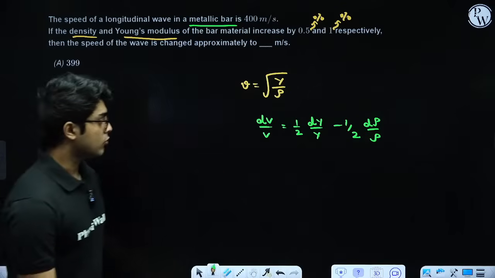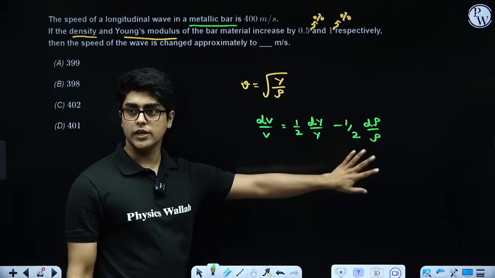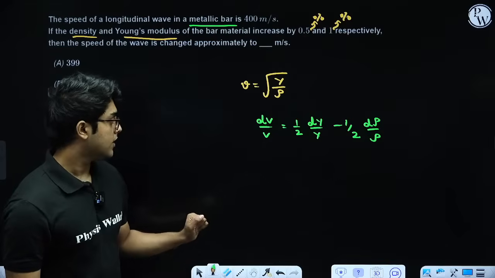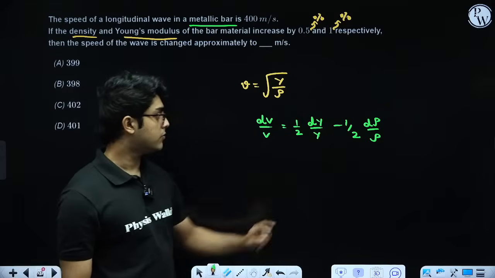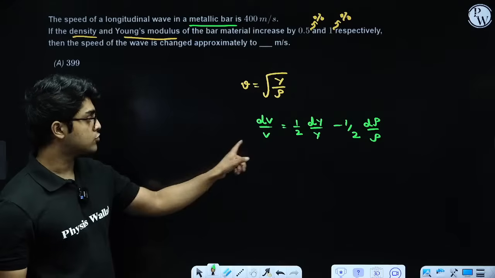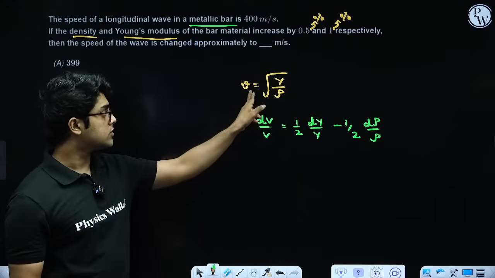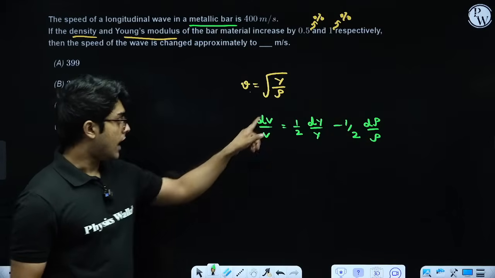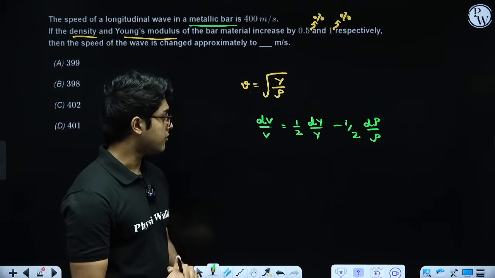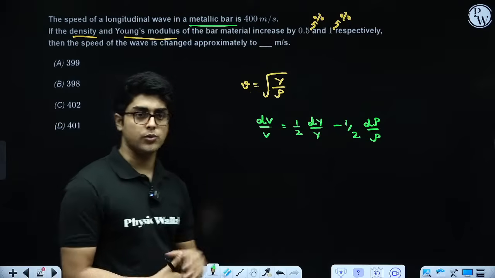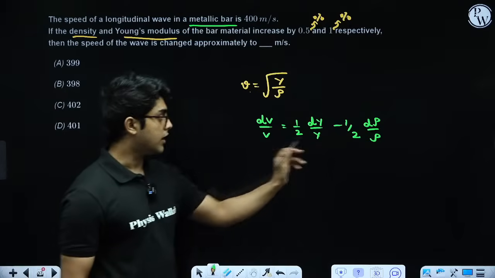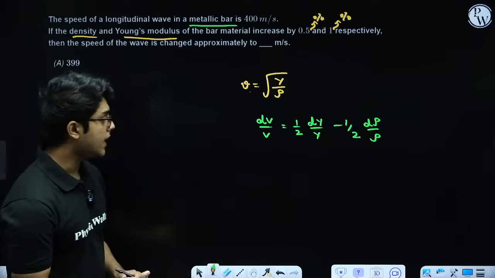This is what we convert into the error approximation formula, and in that formula we put a plus here. But if you actually do the math, which is basically taking logarithm on both sides and differentiating, this is the relation that you get, without any error analysis approximation.